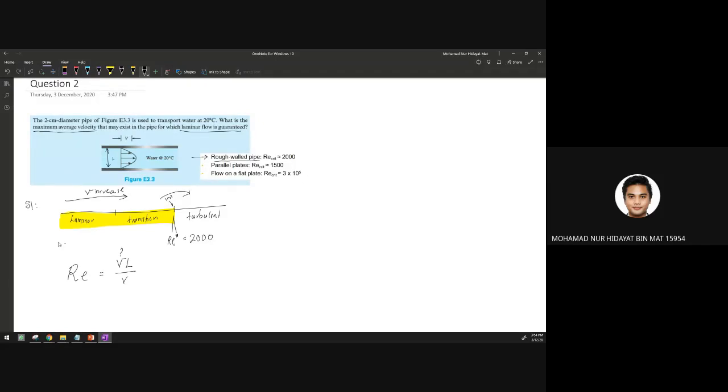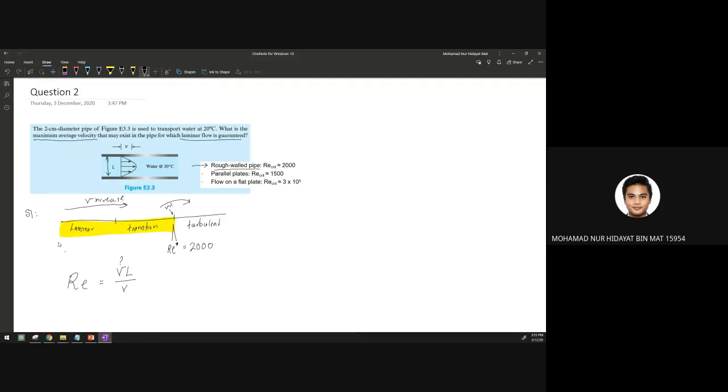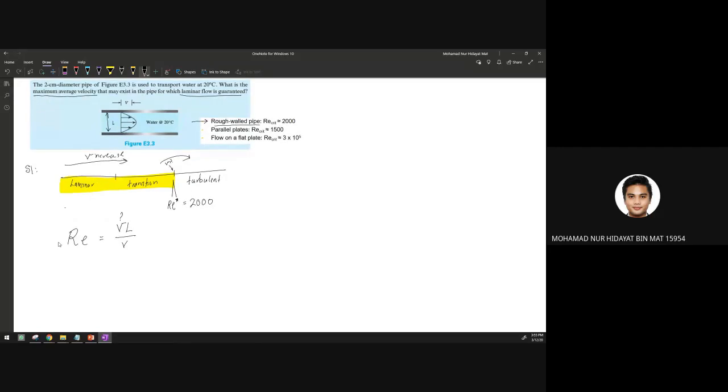So when you encounter a question, how do you find the L? The L is always perpendicular to the flow direction. For example, this is a car, and this car is moving this way.